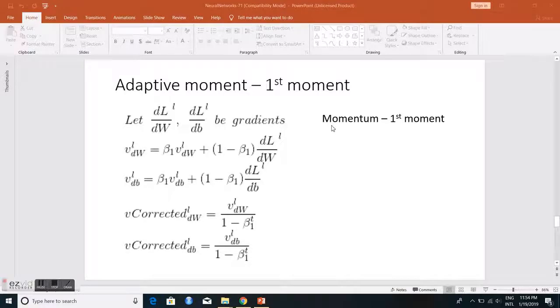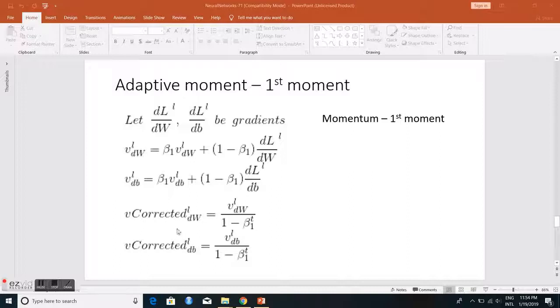The third method is the adaptive moment, or Adam. Adam is basically a combination of both the momentum method and RMSprop. For the first moment, we do what we did for the momentum.